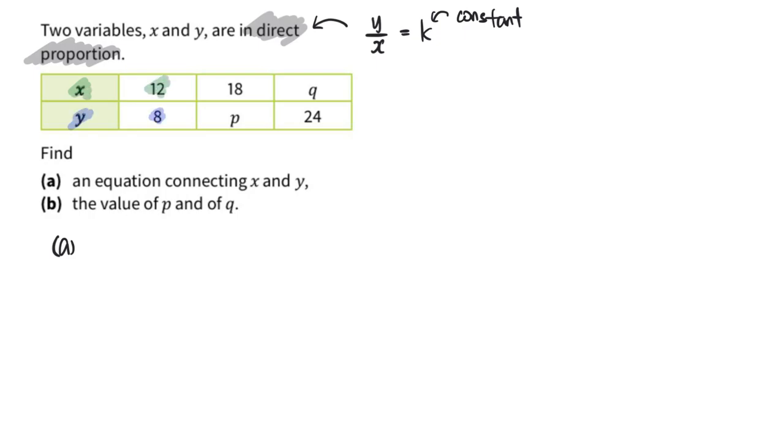And I'm going to make use of this general formula here, which will allow us to find the value of K. Since I have y and x, so you will see Mr. Tan here writing 8 over 12 equals to K. And therefore, I have successfully found the value of K, right?